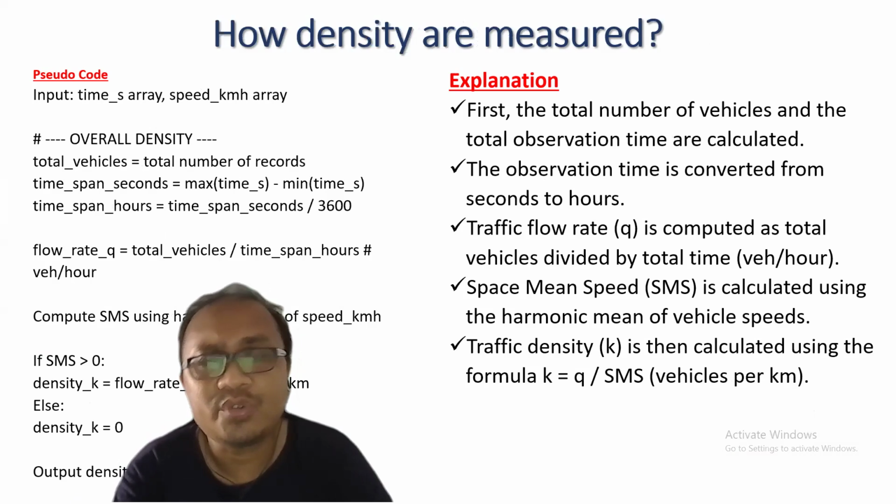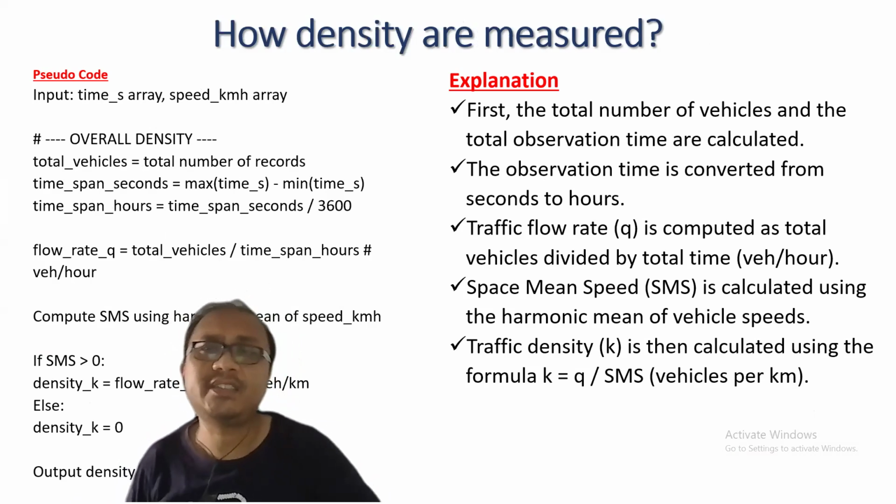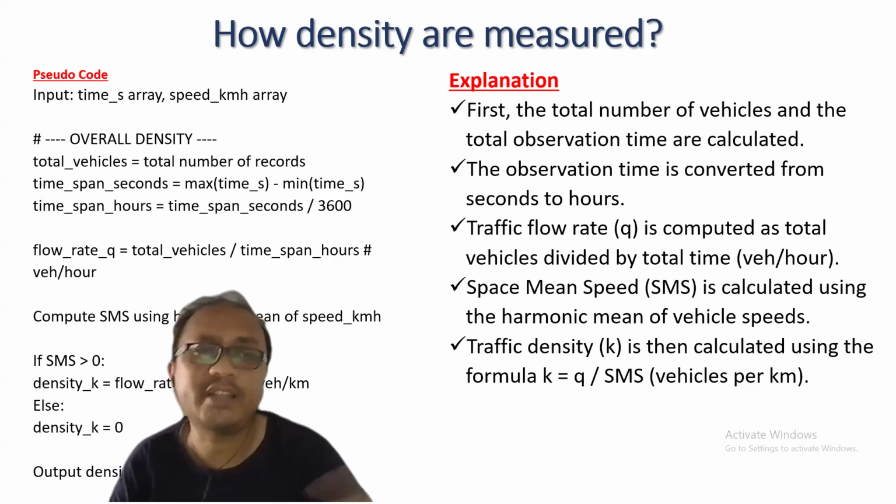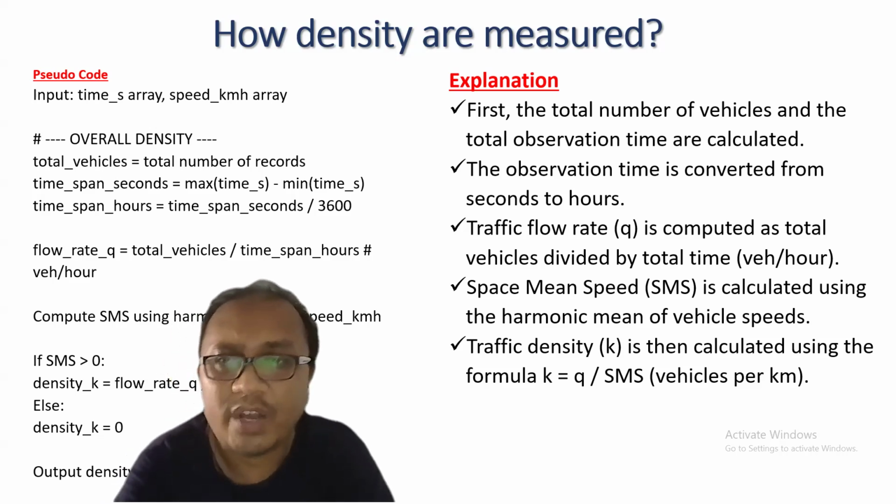Another, more important parameter is density, since it's not possible to calculate the density properly. So what we did was calculate the number of vehicles and the observed time. Within the observed time, we have the traffic flow rate. We know the traffic flow rate here, and the corresponding space mean speed was calculated one slide ago.